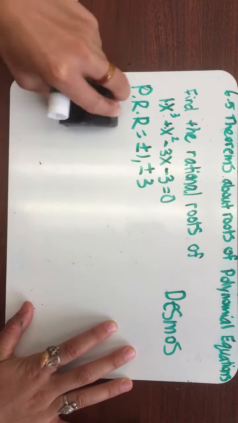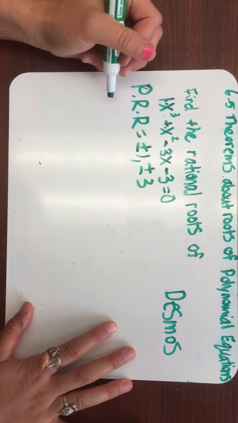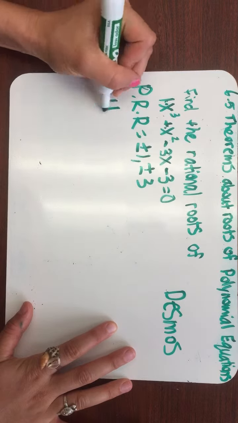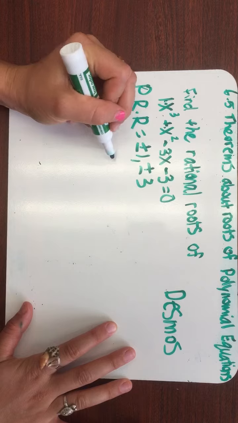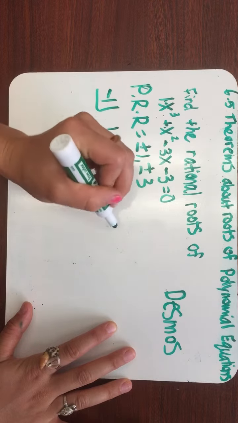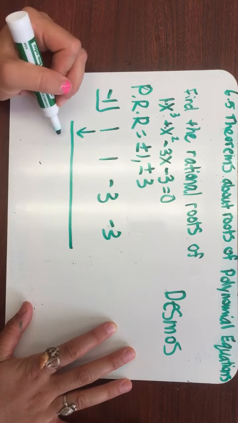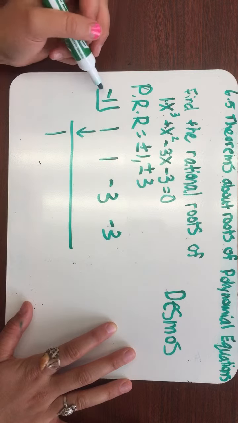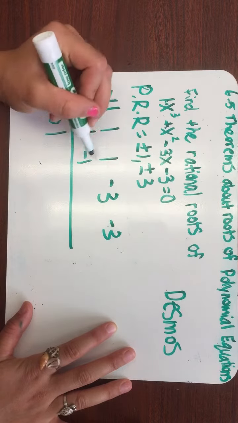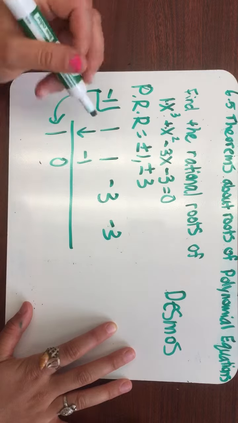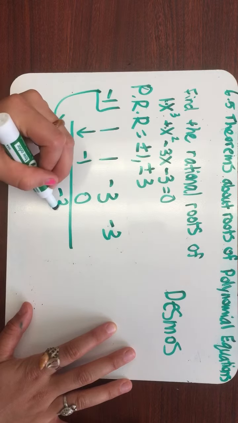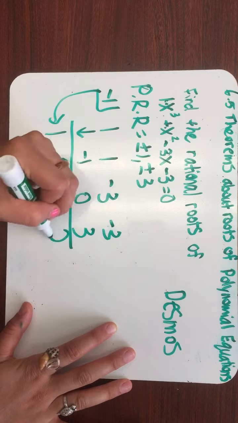Let's try -1. So we'll try -1 here, which is 1, 1, -3, and -3. We'll bring down the first coefficient, and then we will multiply and add, multiply, add, multiply, and add.